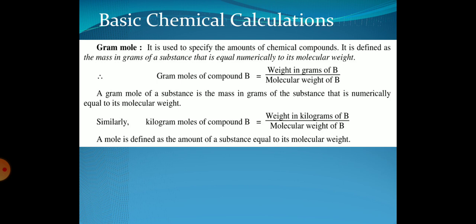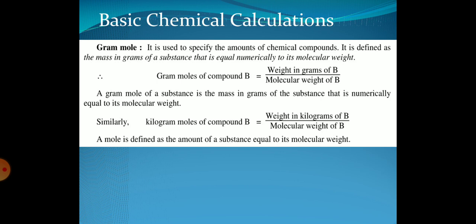Similarly, kilogram moles of compound B will be equal to weight in kilograms of compound B divided by molecular weight of compound B. If we consider 40 kilograms of NaOH and want to find the kilogram moles of NaOH, it will be weight in kilograms of NaOH, that is 40, divided by molecular weight of NaOH, that is 40. We get 1 kilogram mole of NaOH.